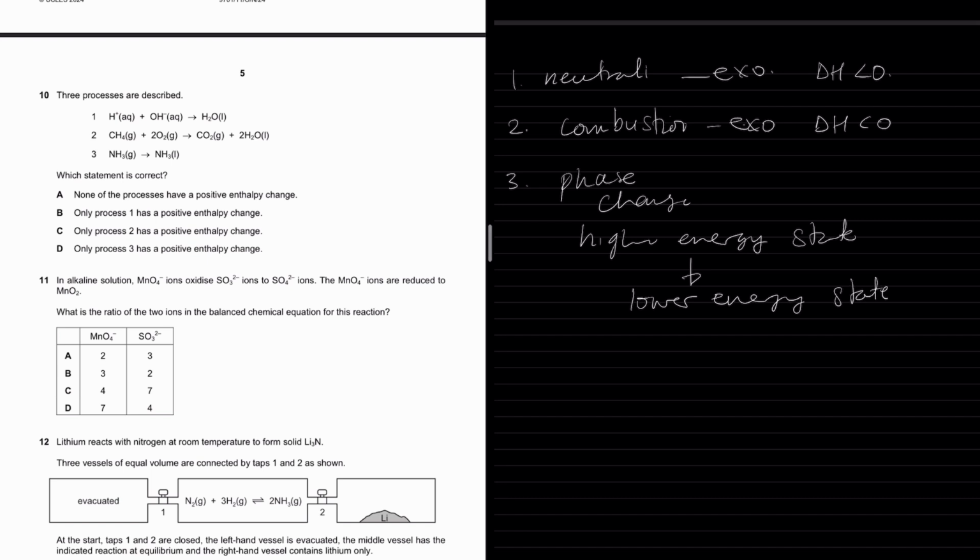And so when this compound changes from a gas to a liquid, energy is going to be given off because it has a lot of energy. So energy is given off. And if energy is given off, that means it's exothermic. The delta H will be less than 0. And so all of them are exothermic. So the answer here is going to be A.